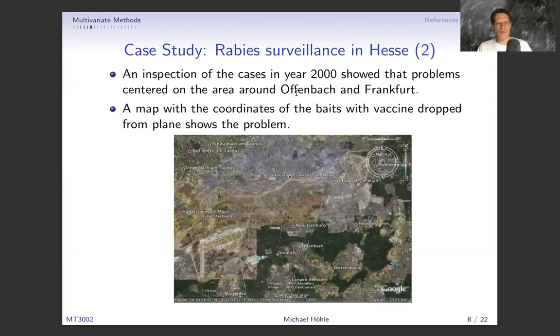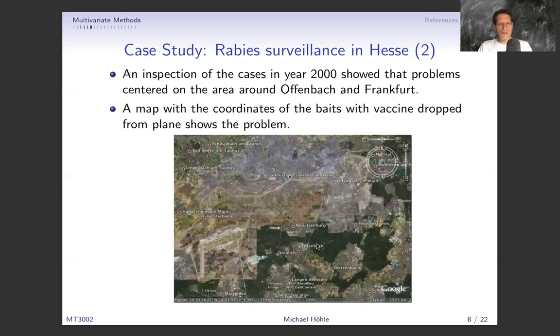So they dropped bait, some kind of polenta filled with vaccine, hoping the foxes would eat it because they particularly like that. They dropped it by airplane over regions, and this was done over the entire federal state of Hesse, or at least the regions which were previously exposed, and this was one of them.